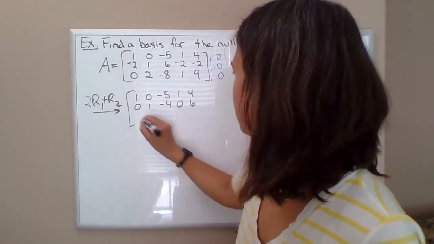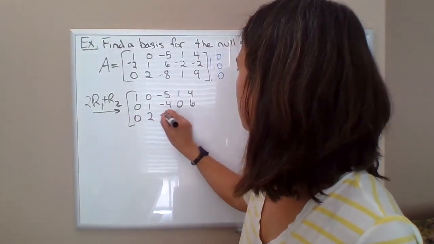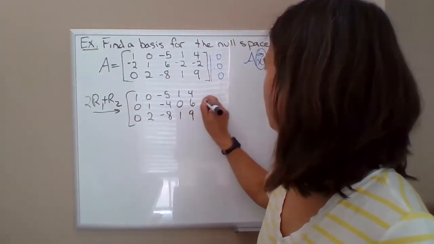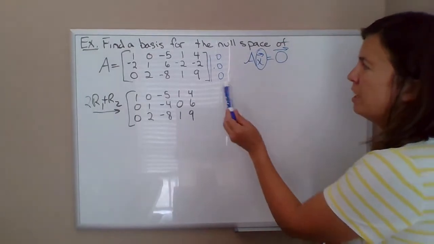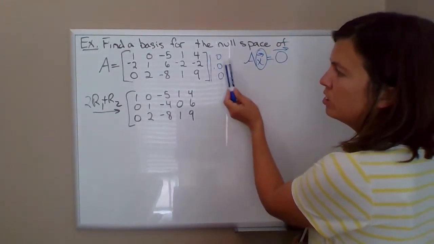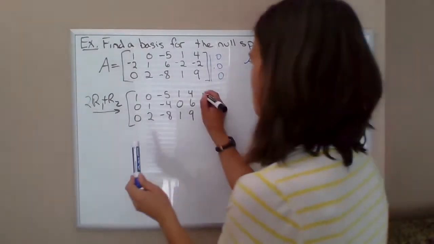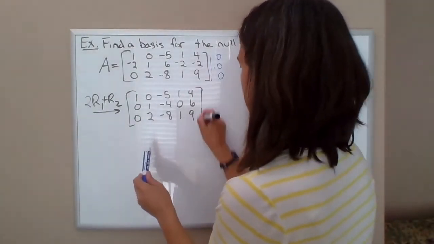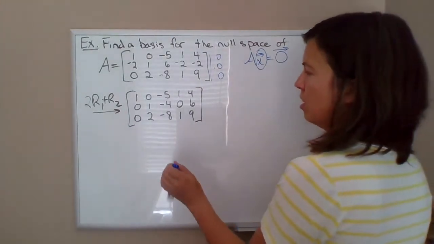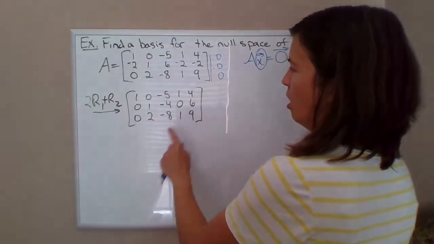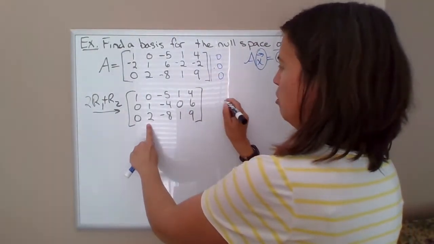Okay, I'll leave this one. I'm not going to carry around the 0 column because any row operations, like 2 row 1 plus row 2, are going to be 0 plus 0. A column of zeros just stays a column of zeros every step of the way, so I'm not going to carry it around, just to save a little space.